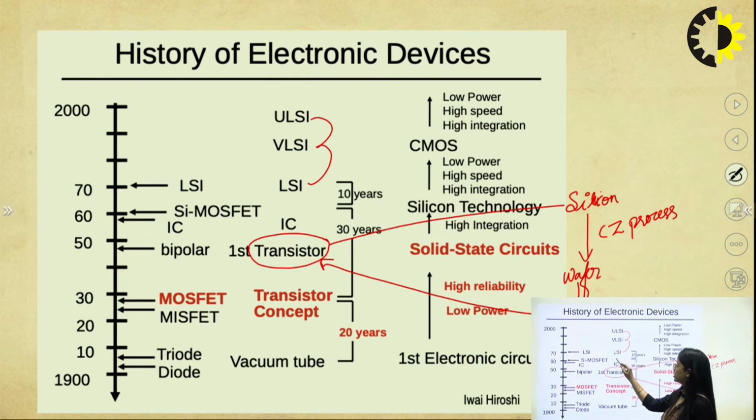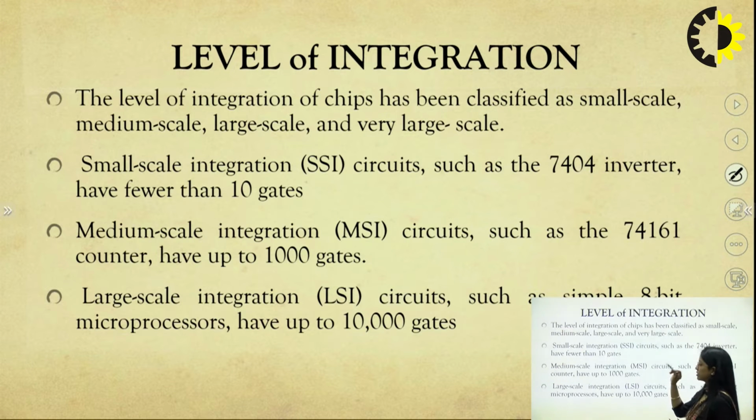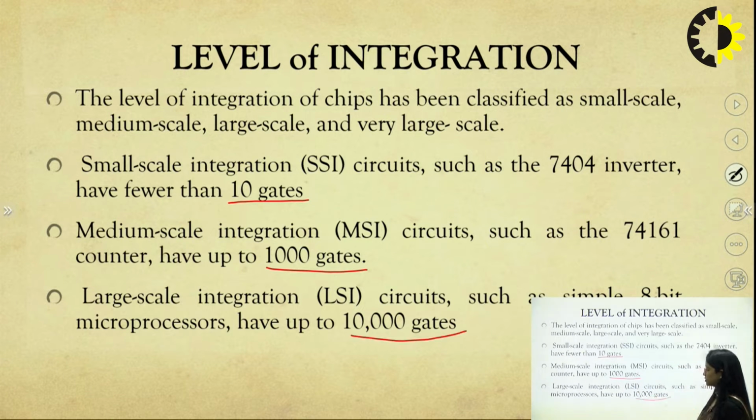We can also have small scale integration, which would have only 10 gates. Medium scale integration has 1000 gates. Large scale has 10,000 gates. So we can realize how the level of integration increased as we became comfortable increasing the density.